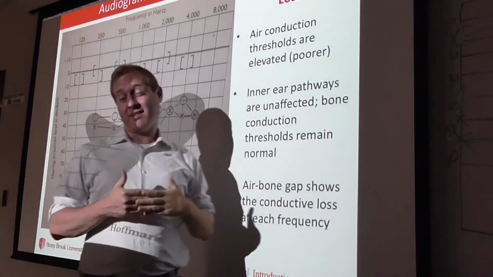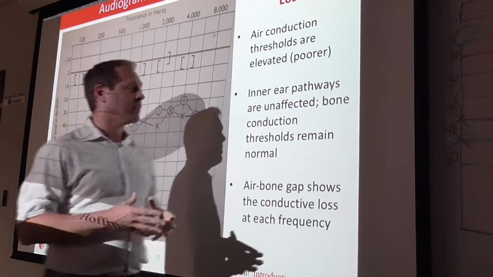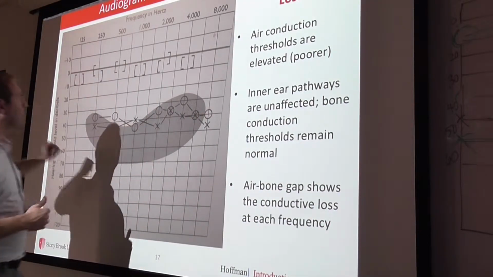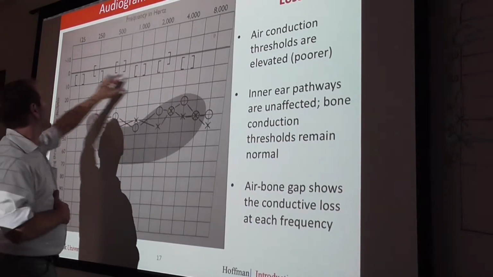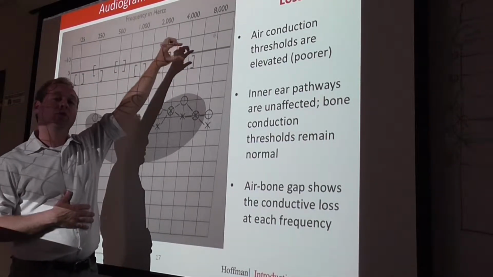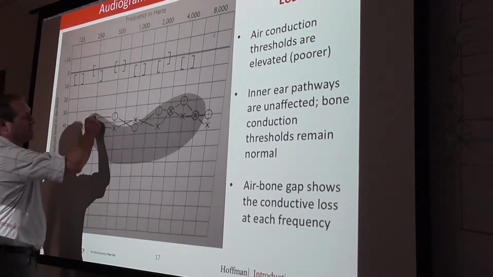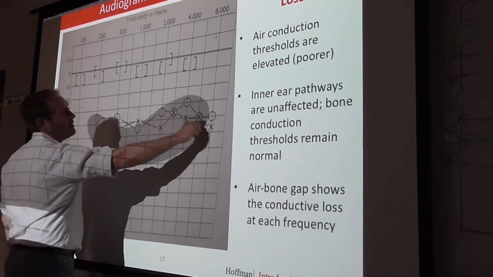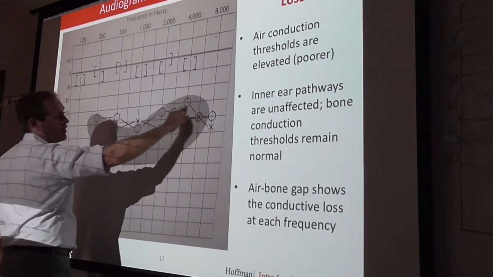Usually conductive loss is temporary. It could be permanent, but typically it's temporary. So for example, here we're showing that bone conduction is within the normal range. Your bone conduction line is within the normal range. Okay? The air conduction line, however, is down here in the hearing loss range.